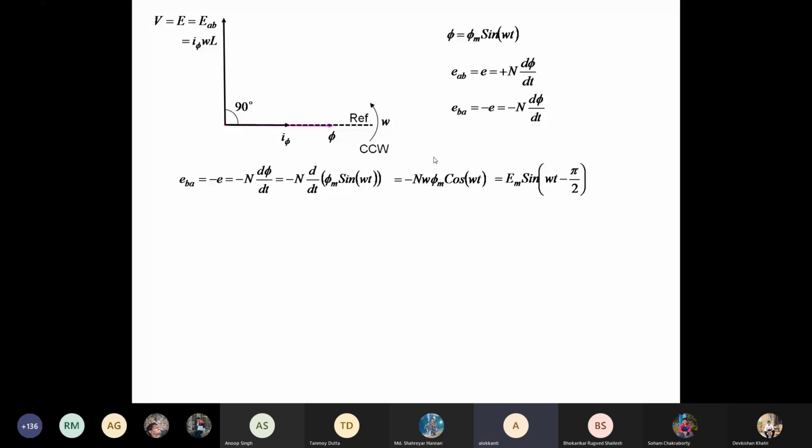So EBA naturally comes to be lagging the flux by pi by 2.